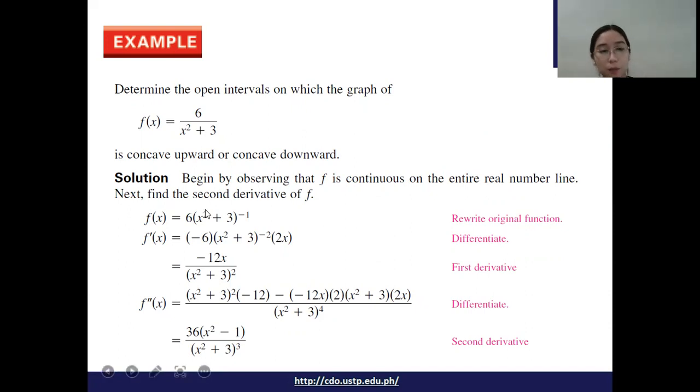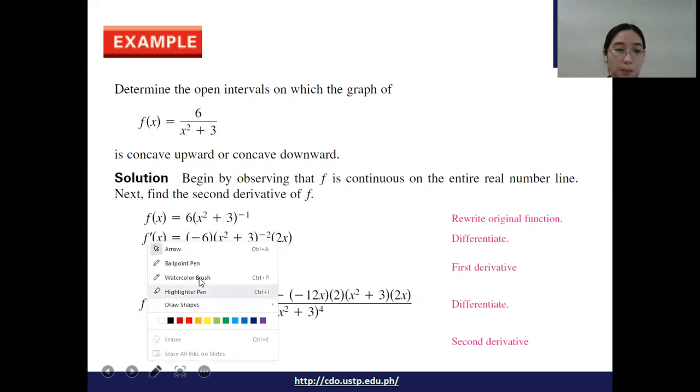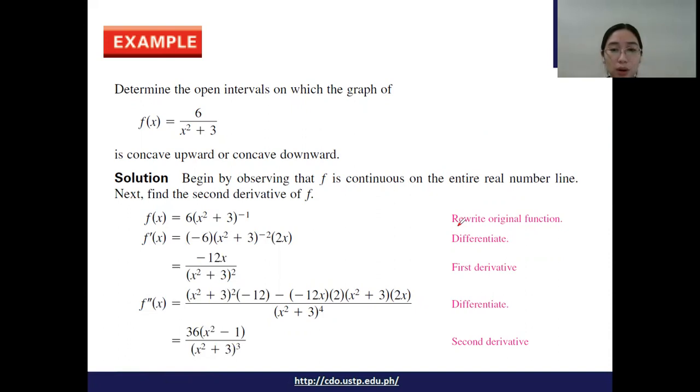First, same as in our previous topic on extrema, we need to rewrite the original function. So we rewrite it as f of x equals 6 times the quantity x squared plus 3 to the power of negative 1. Then we apply the appropriate derivative rule.